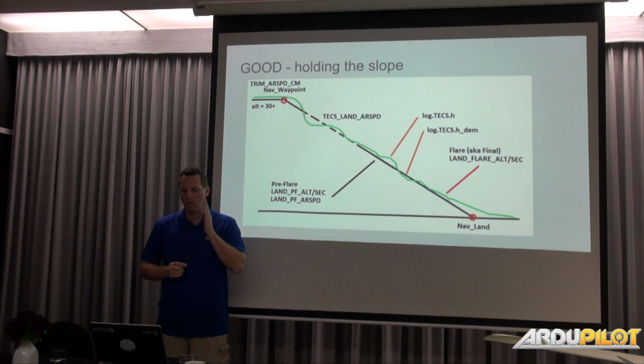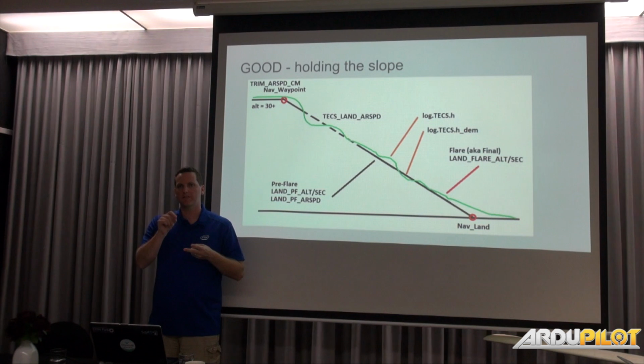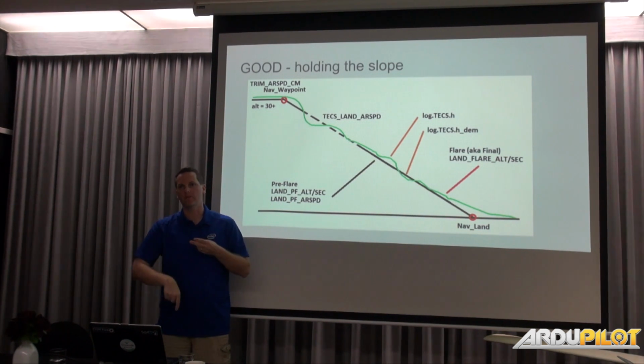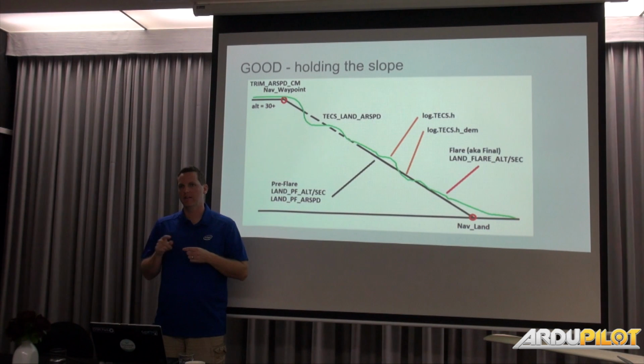And then you have this point where you flare. There's a flare and a pre-flare. The pre-flare is triggered by an OR statement. You can either trigger on altitude or trigger on, with the current velocity, how many seconds before you hit the ground. That's the land PF alt or land PF sec. It's an OR.